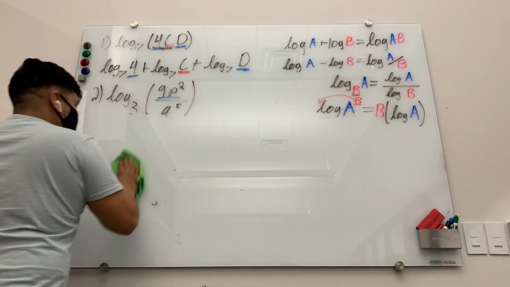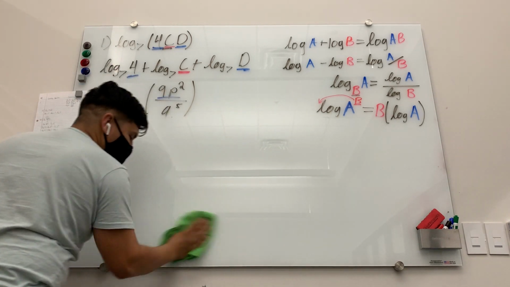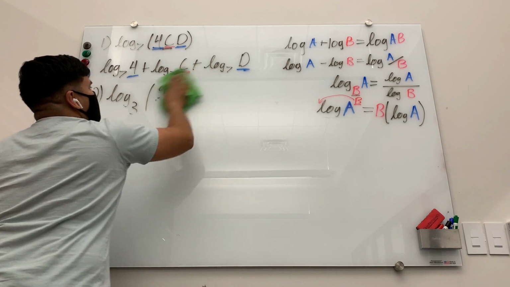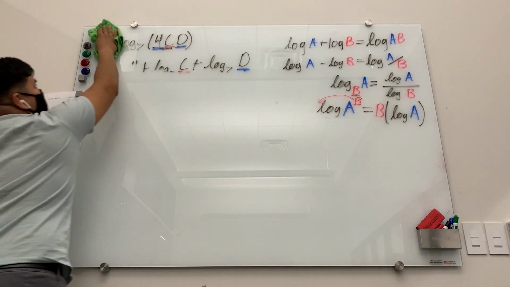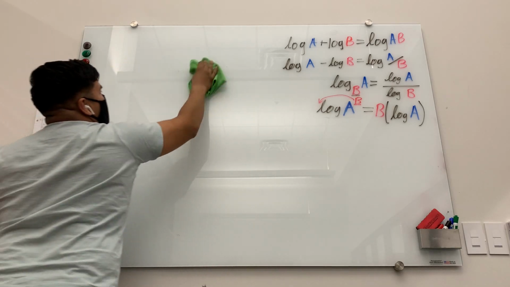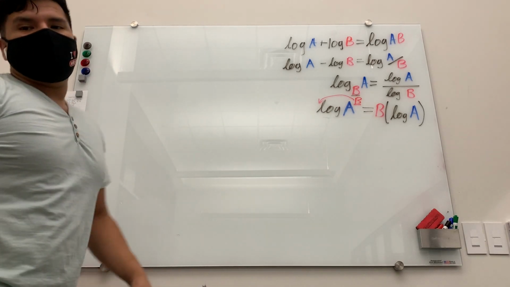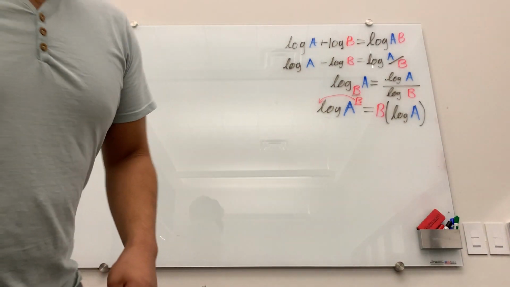And so again, that's kind of how we use these properties in order to solve our functions. By knowing the properties, we can get to a simpler expression.